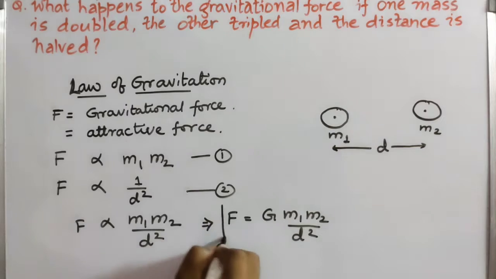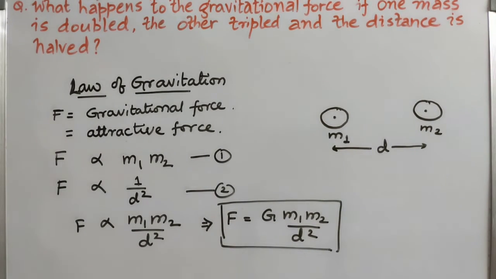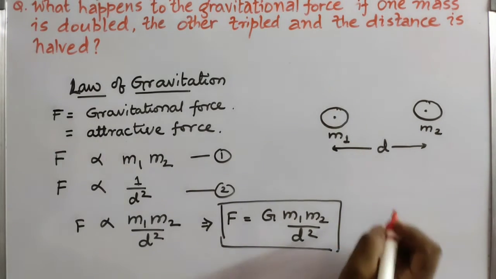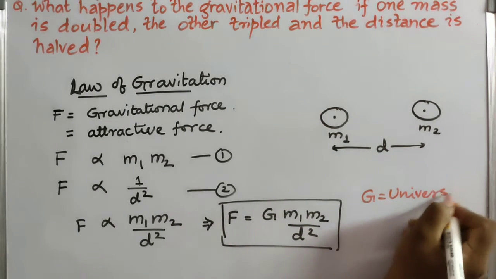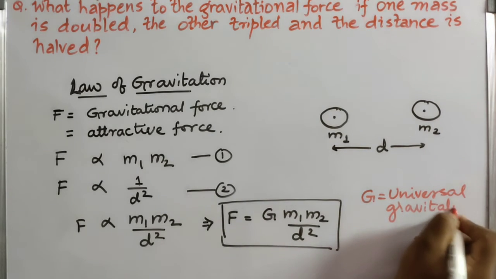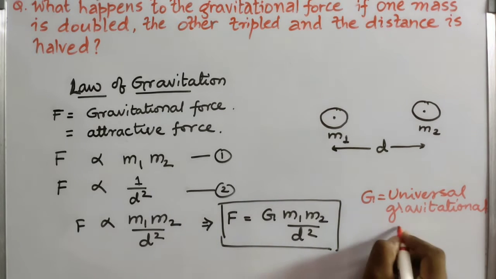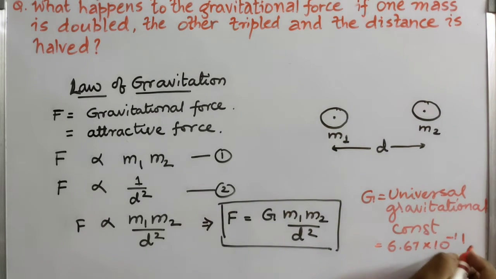Clear? So this force is gravitational force. Gravitational force is equal to G m1 m2 by d square, where G is the universal gravitational constant, and its value is equal to 6.67 into 10 power minus 11 Newton meter square by kg square.